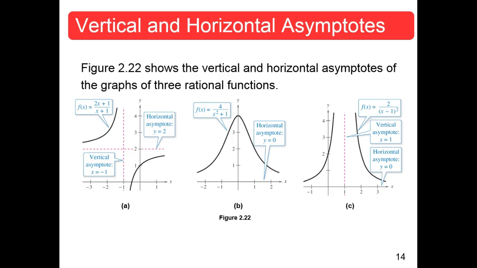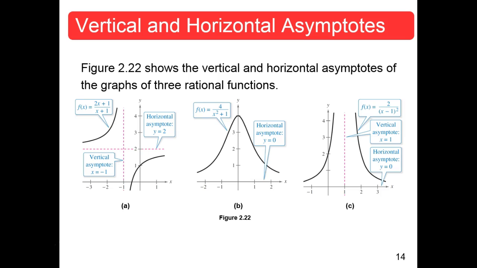So here are some vertical and horizontal asymptotes of the graph of 3 rational functions. Now I'm going to go on and give you the hints on how to determine this. I think you know how to determine what the vertical asymptote is here. F of x equals 2x plus 1 over x plus 1. What would be the clue for your vertical asymptote? x plus 1 cannot equal 0, where your denominator cannot equal 0. That's how I like to write it.